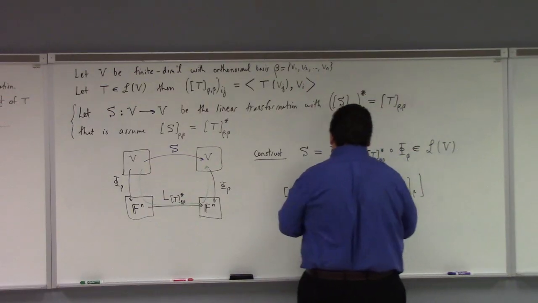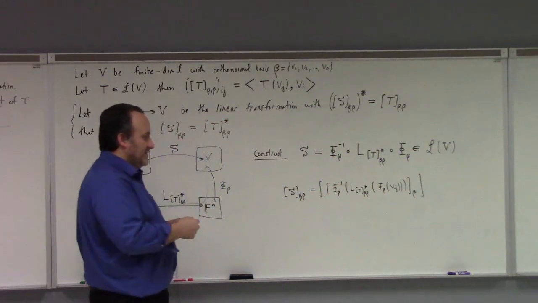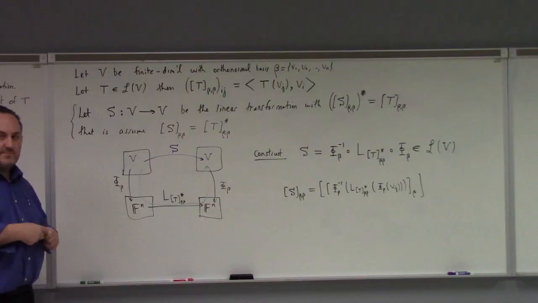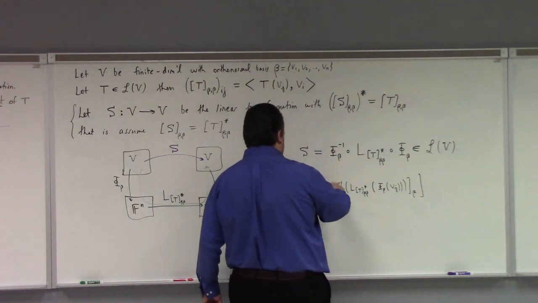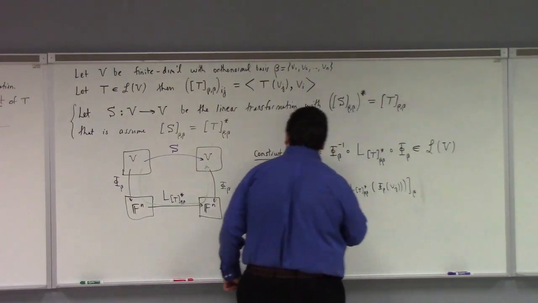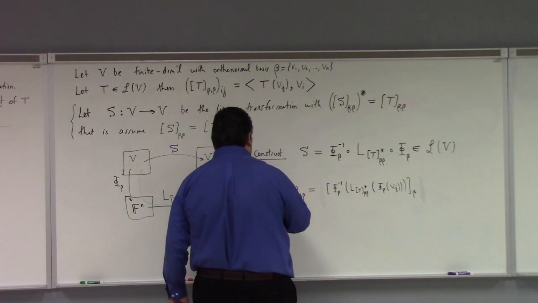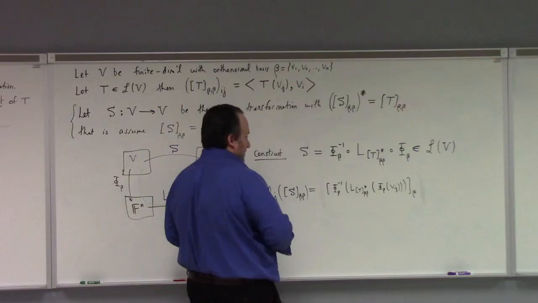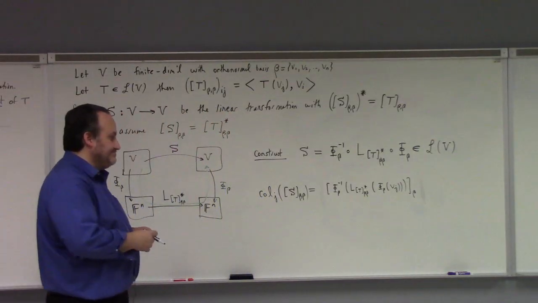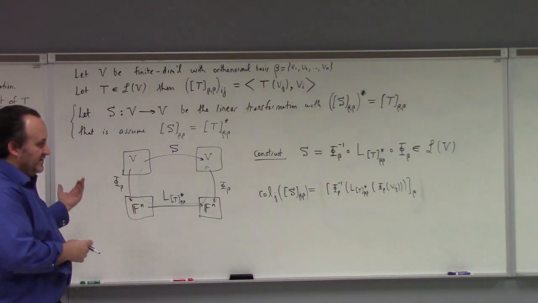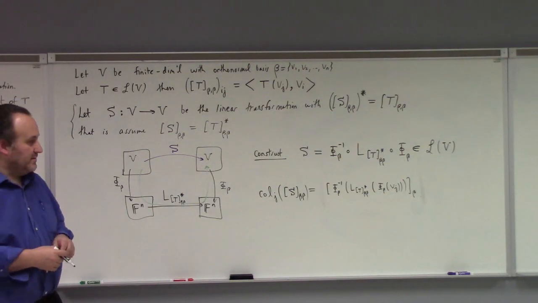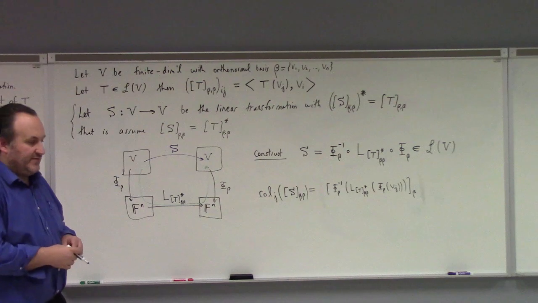What I have in the parentheses is the jth column. Column j of that is what that means, right? We take the transformation, feed it the jth basis element, and then we have to calculate the coordinates.